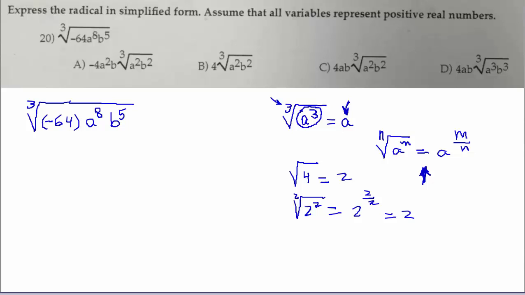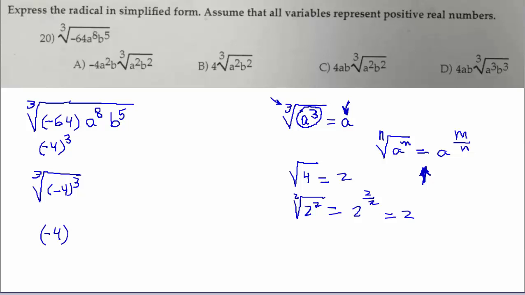Negative 4 to the power of 3 gives me minus 64. So we do have 3 fours here. If I separate just this part, this is the cube root of negative 4 to the power of 3. So what is this equal to? Just negative 4, right? According to what we just talked about.